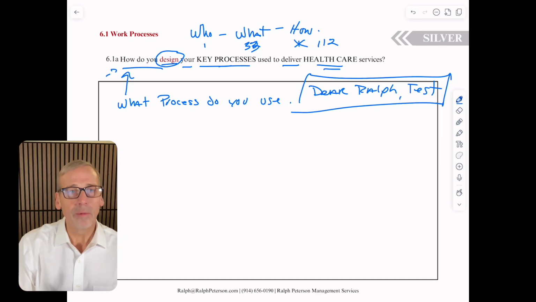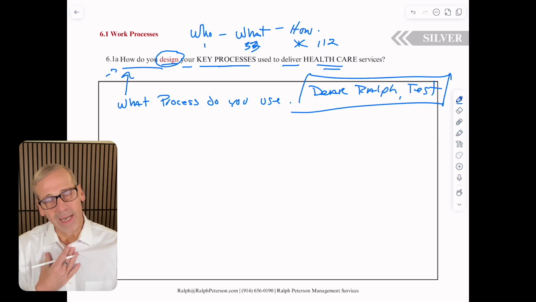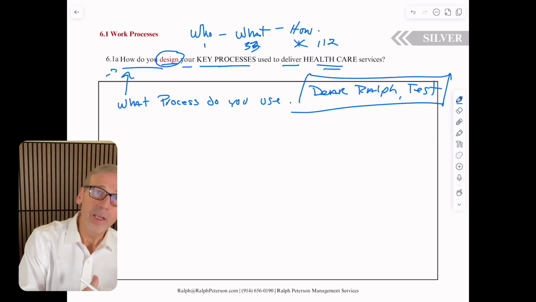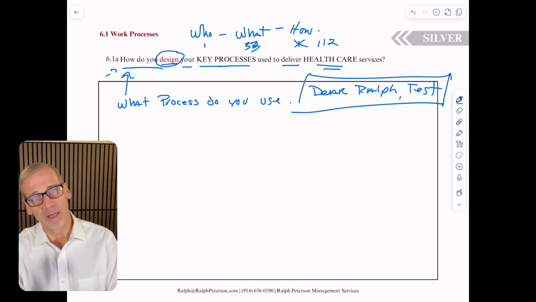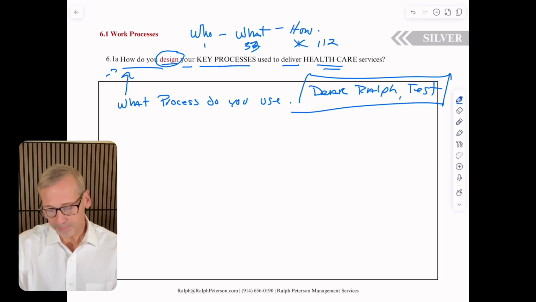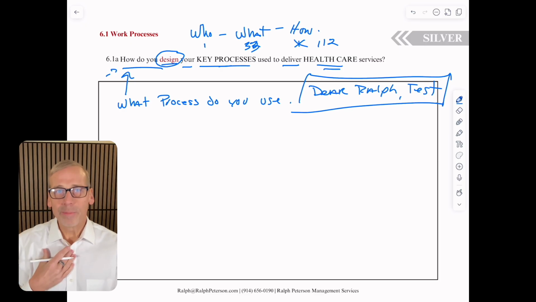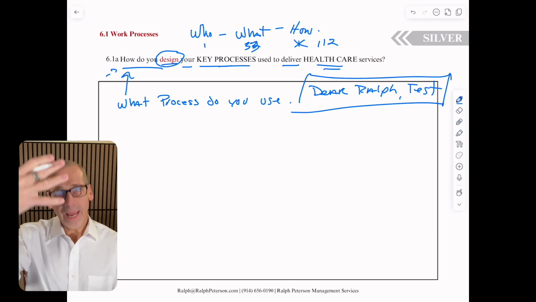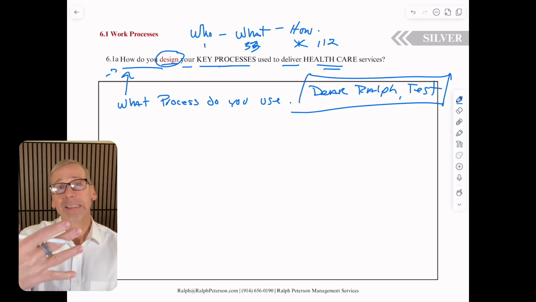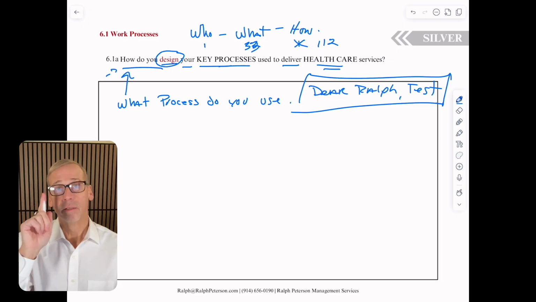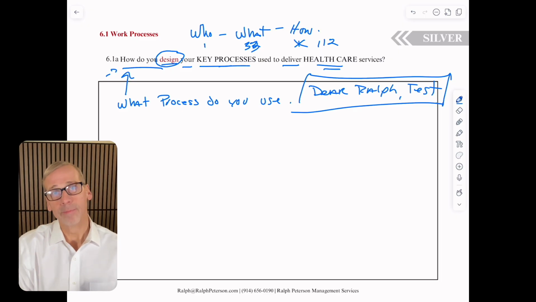So you're going to say, Dear Ralph, the way that we design our key processes that we use to deliver healthcare services is this, we do this, and then we do this, and then we do this, and then we do this. Now, here's the testing part. I should be able to take your answer and be able to design a process the way that you design them.